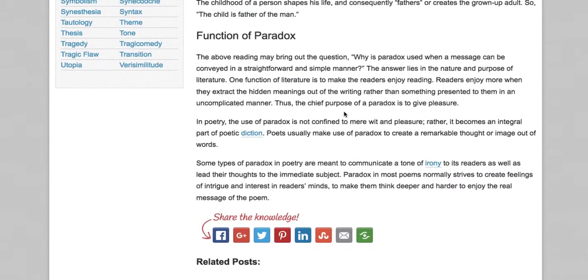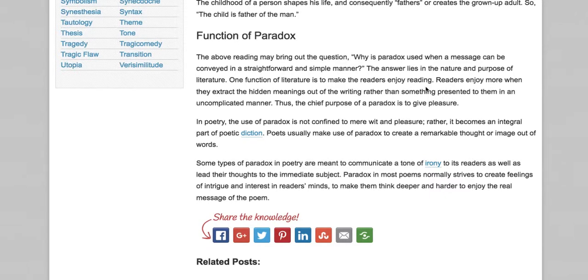And so let's look here at the function of paradox. The above reading may bring out the question, why is paradox used when a message can be conveyed in a straightforward and simple manner? You might be asking the same kind of question about why you would use paradox to analyze literature. I think the answer to both questions is the same, and it's in the nature and purpose of literature. One function of literature is to make the readers enjoy reading.